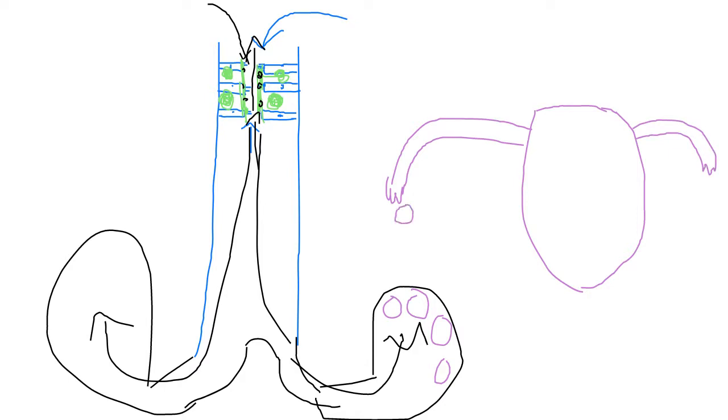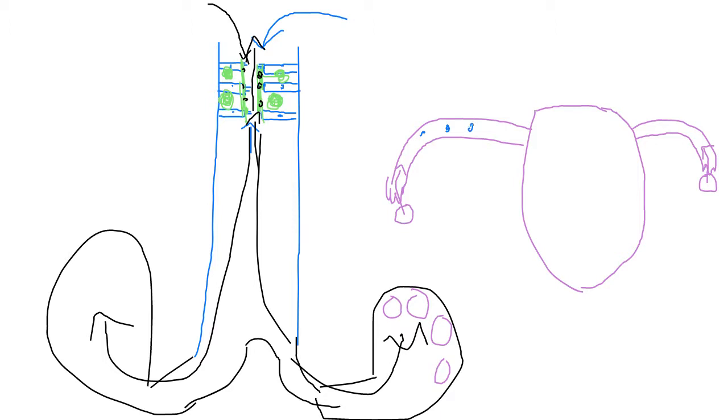And then let's say here's an ovary and here's an ovary. Eventually during ovulation, when luteinizing hormone gets really high, the ovary is going to release an egg this way, and that egg is going to be moving in this direction.